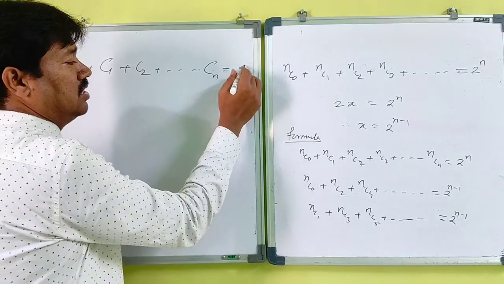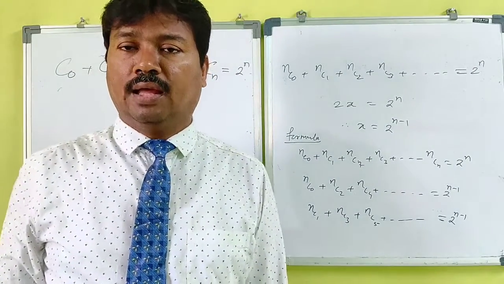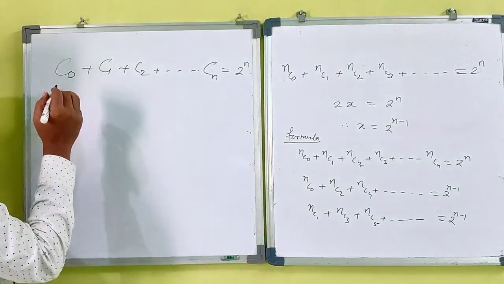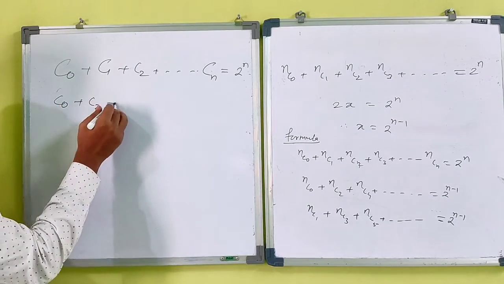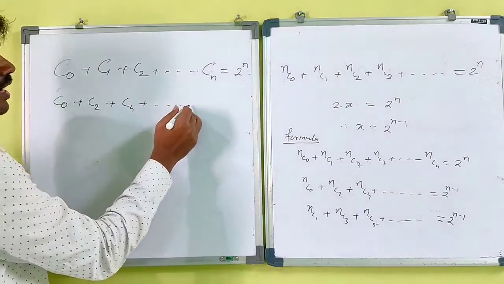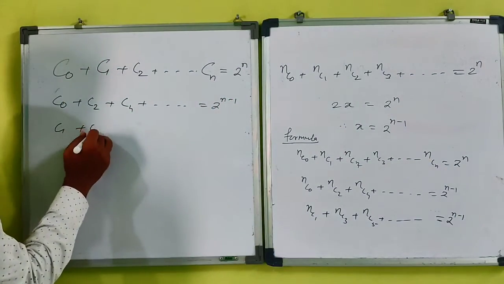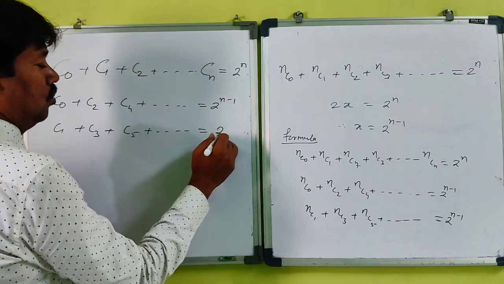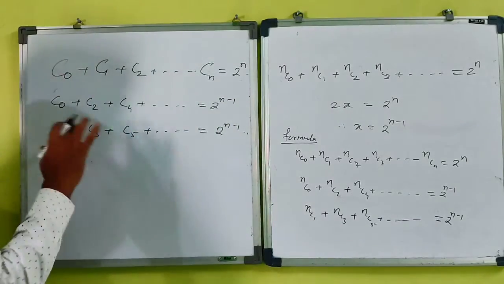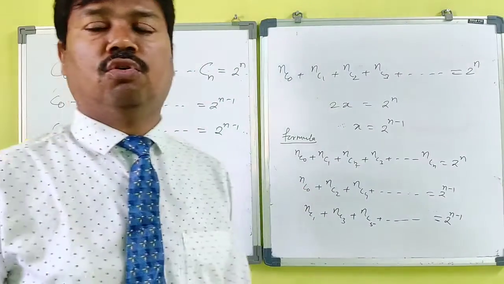That is equal to what? 2 raised to n. Similarly, C0 plus C2 plus C4 like this is what? 2 raised to n minus 1. And C1 plus C3 plus C5 is also 2 raised to n minus 1. There is no need to write n every time because it is understandable from the coefficient.